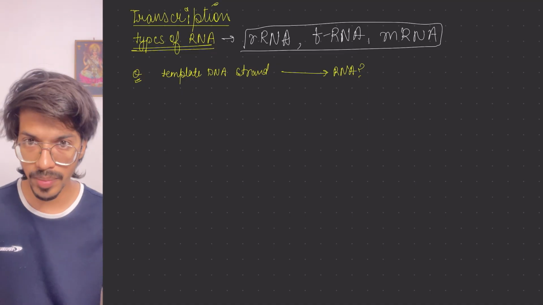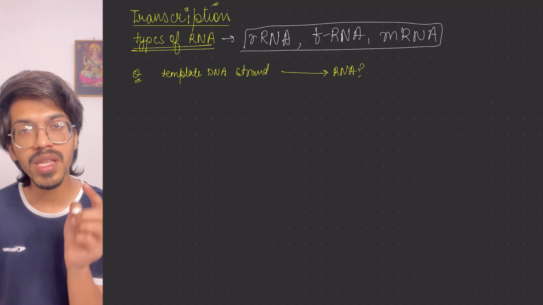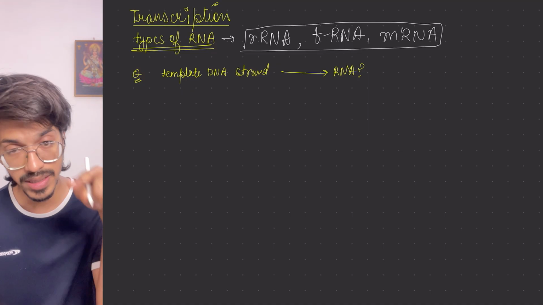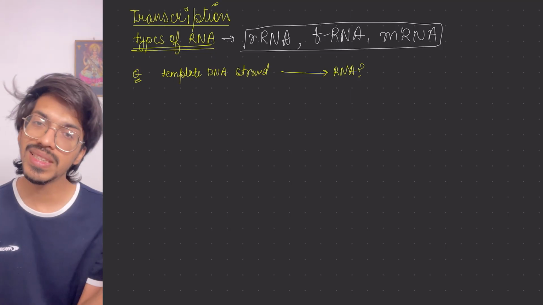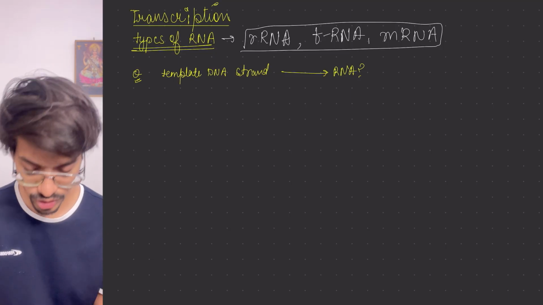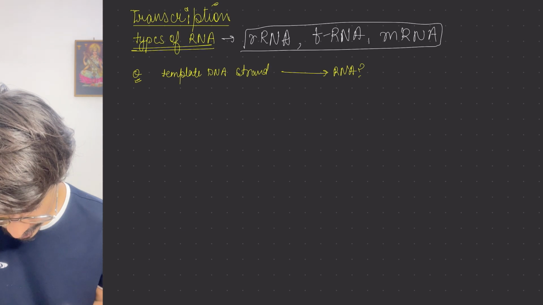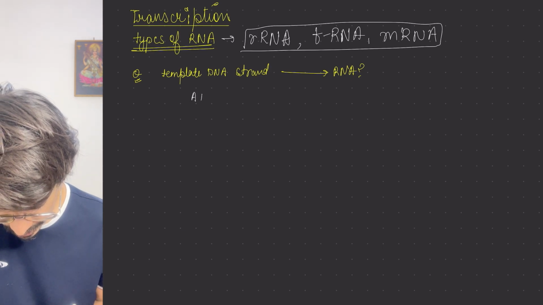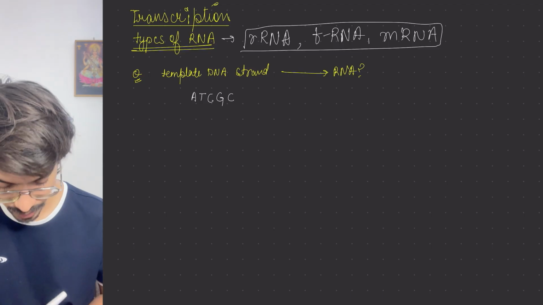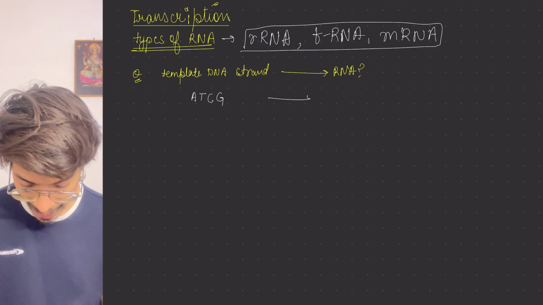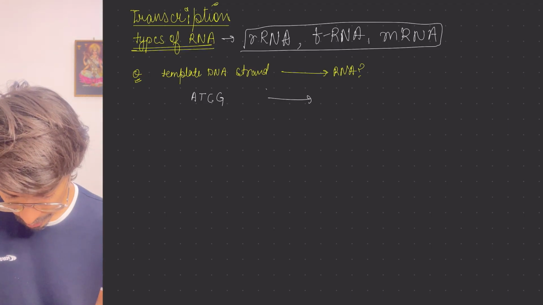It will be complementary, only at the place of A making a bond with T, it will be with U. For example, if the template strand is A, T, C, G, its RNA will have a complementary pair with respect to the template.